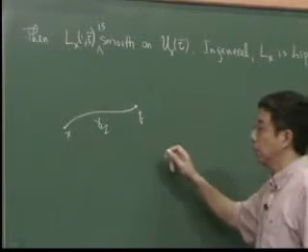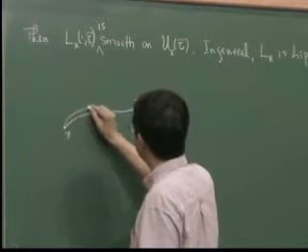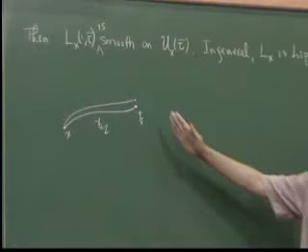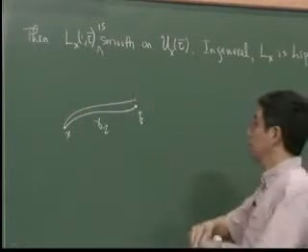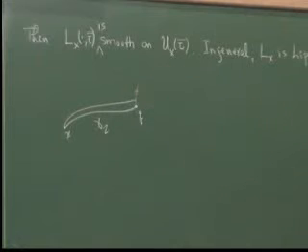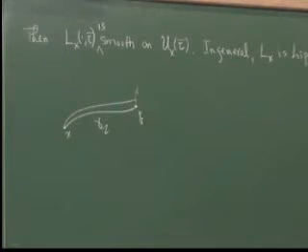Since it's unique, for a nearby point here I always have a unique geodesic. So given any direction here, I have a family of unique geodesics. Now I take this family of unique geodesics as a variation here.